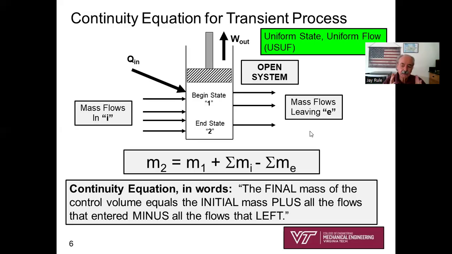How would we express conservation of mass? How is mass conserved for this open system problem? Well, let's just come up with an expression for the final mass. The final mass is at least the initial mass, isn't it? M2 is at least M1, okay?